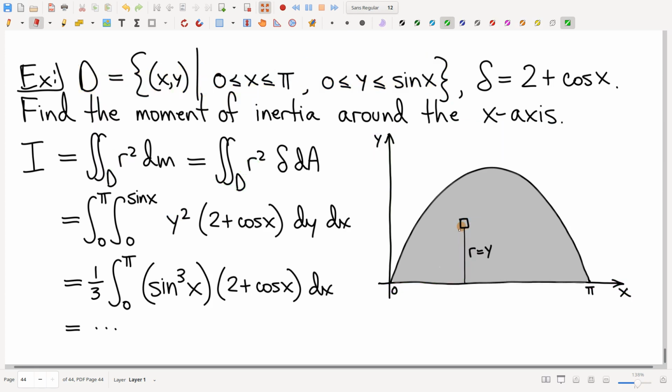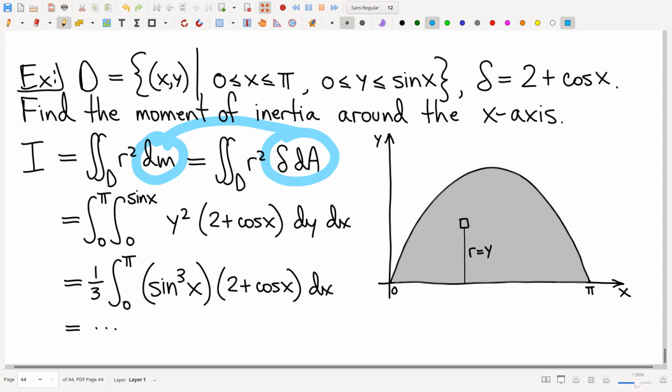Okay, one other little thing you may recall, and I'll go ahead and point it out while we're here. The dm, remember that represents a little piece of mass. Mass is density times size. This is two-dimensional, so density is mass per unit area. Size is the area.